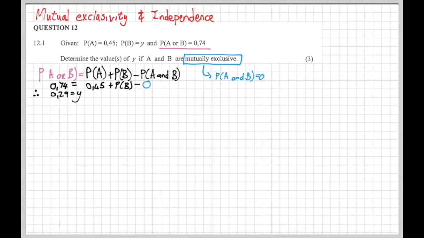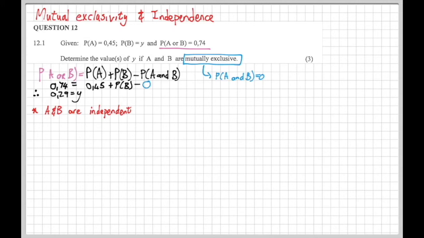I'm going to add a little bit of a tail to this specific question. Determine Y if A and B are now independent instead of mutually exclusive.